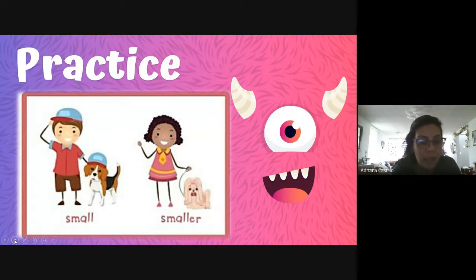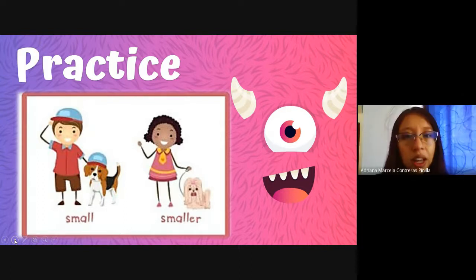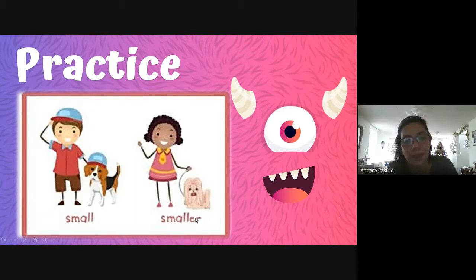Matías is... the doggy is smaller than... You can say more. Remember, more is -er. My dog is called Milo. Milo is smaller than another little dog.